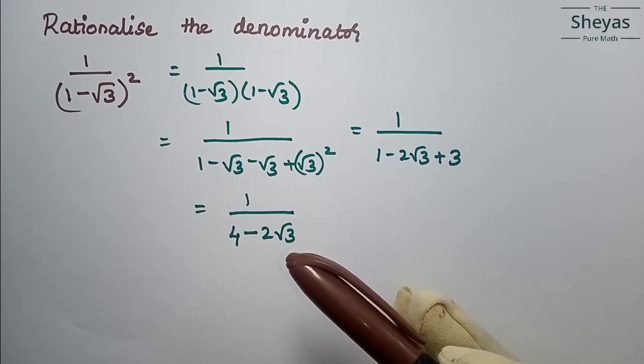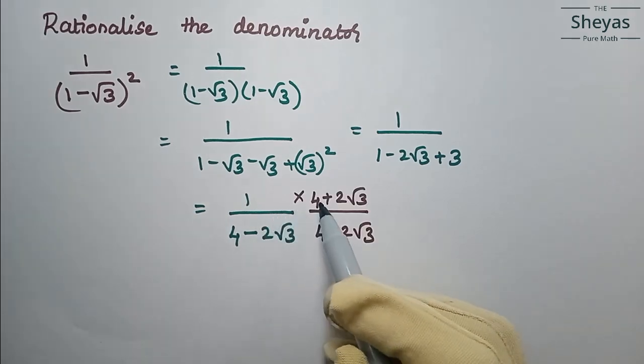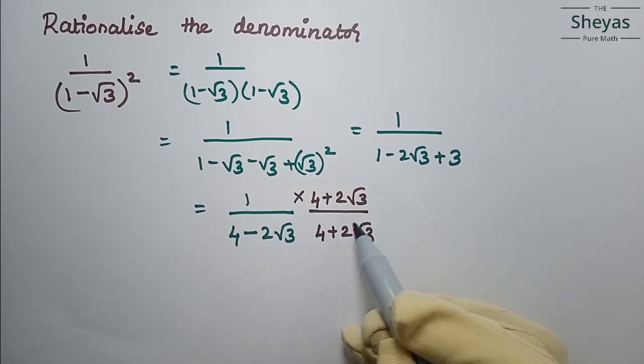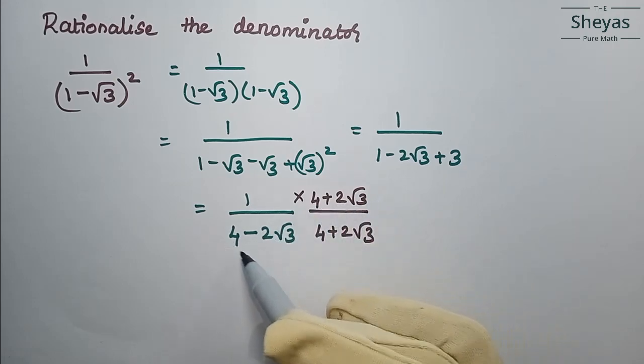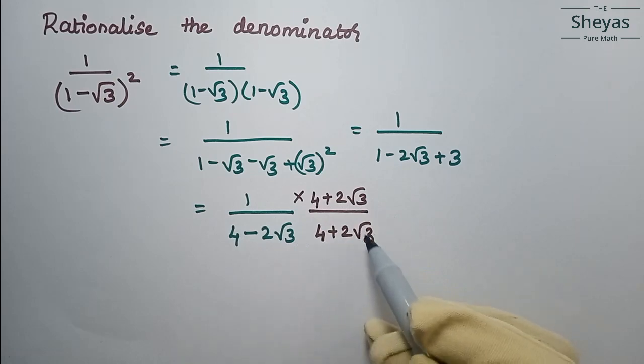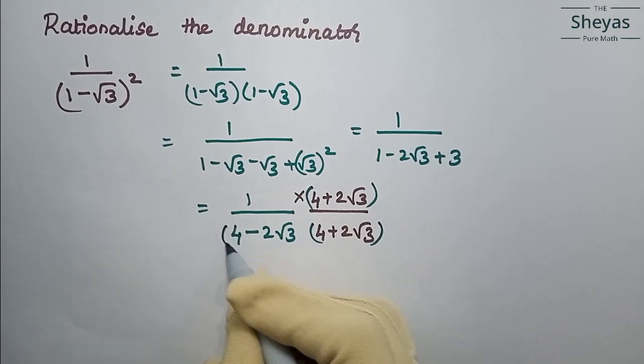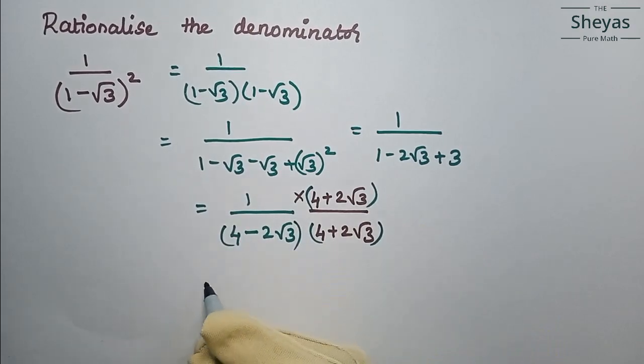Let me write that step. So you have to multiply the numerator by 4 plus 2 root 3 and multiply the denominator by 4 plus 2 root 3. Now the next step, use a bracket so that you won't go wrong.